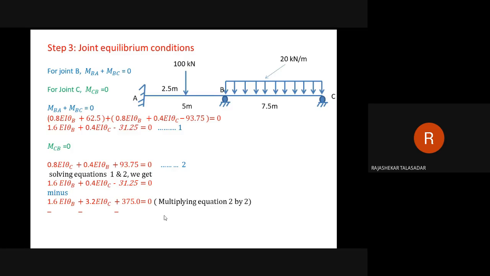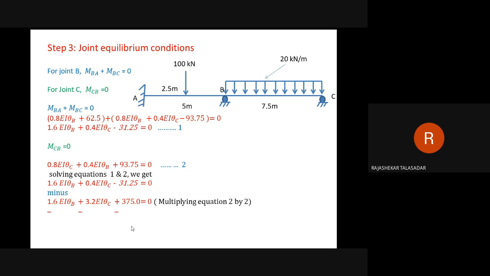In that case, what happens here? It is 0.4 EI theta B there. To make 0.4 EI theta B into 1.6 EI theta B, what do you have to do? This is 2, 0.4 into... I think, is something wrong? 0.4, is it correct or wrong?